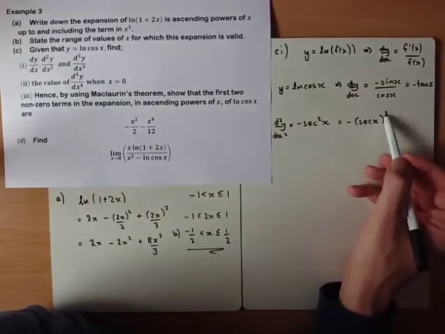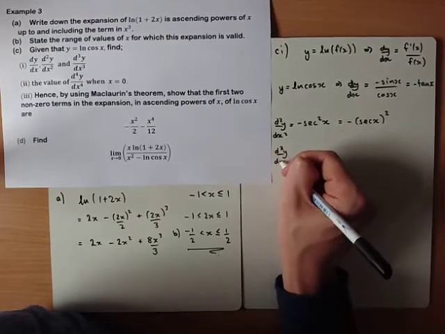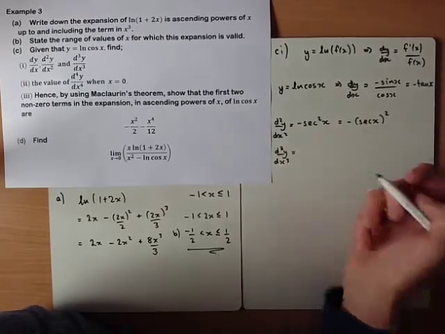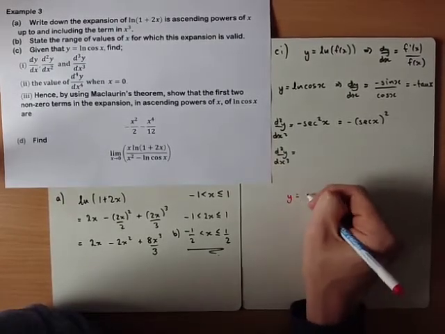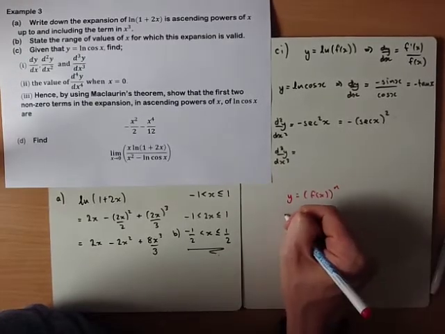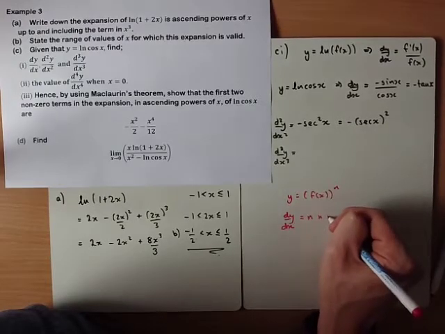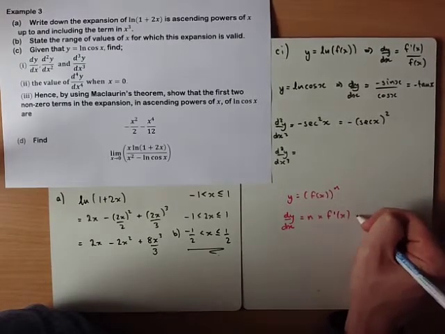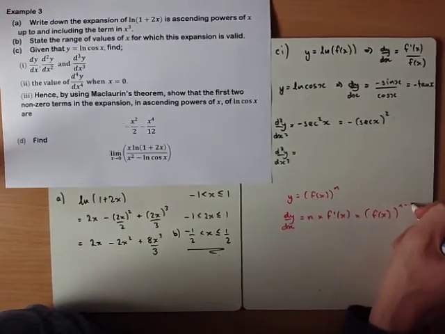We've got a function inside the function, so our third derivative. Again, remember the rule for a bracket to a power. If you've got a function to the power of n, times by the power, times by the derivative, take 1 off the power.